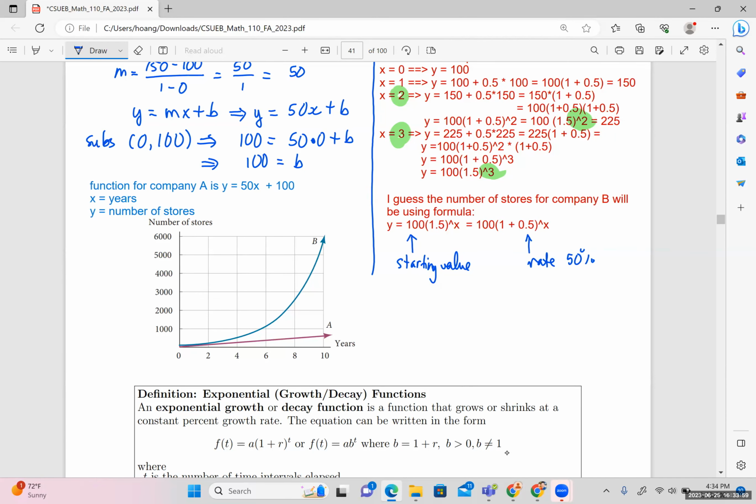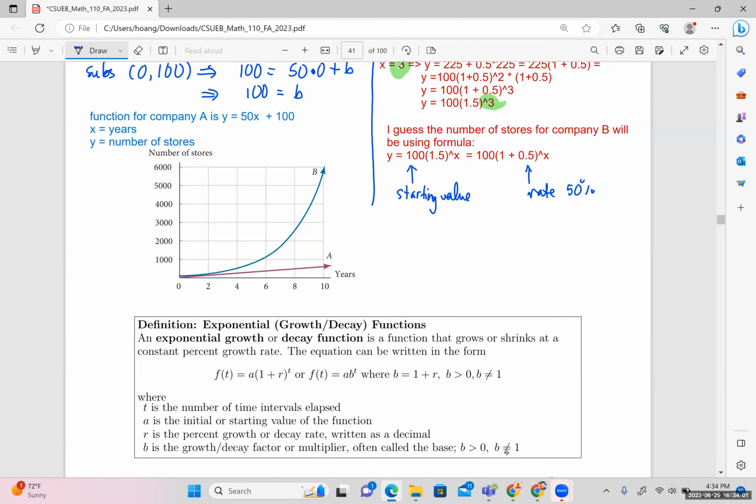I would like to show you the graph for A and B there, right? And I also want to show you, from now on, you will learn exponential functions. We call it exponential growth or decay function. So there's two kinds of that. It could be growth or decay as decreasing.